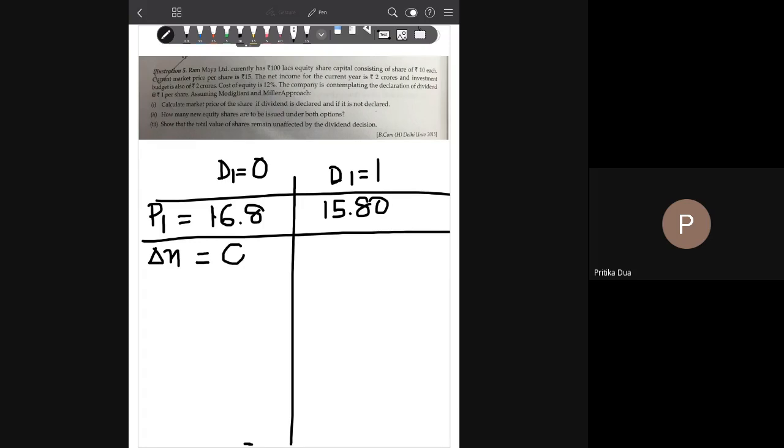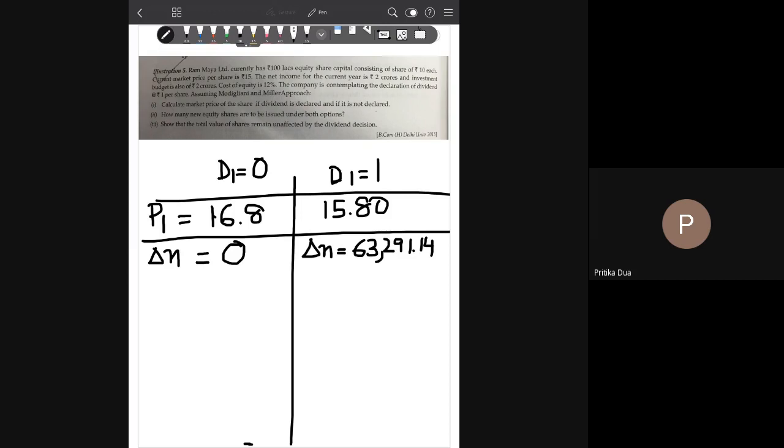Make the corrections and you find that number of new shares to be issued when dividend is not paid is actually nil. On the other hand, for the case where you are declaring a dividend of rupees 1 per share, you need to issue 63,291.14 shares.